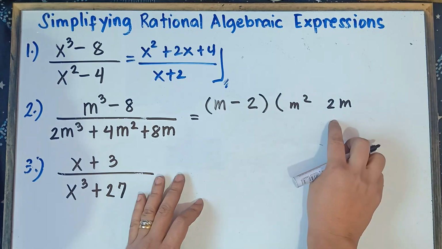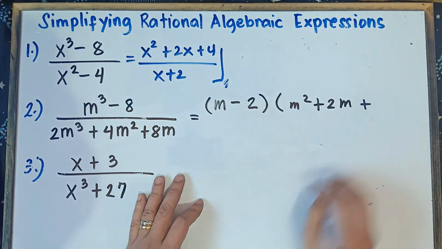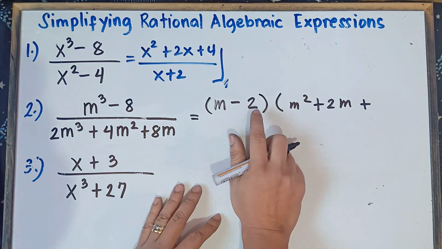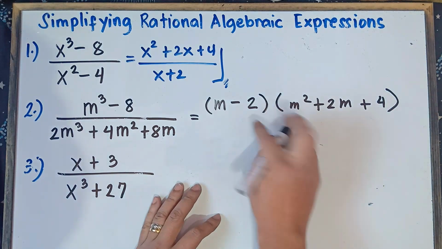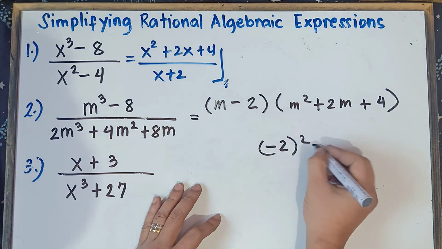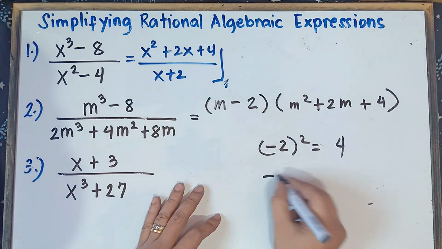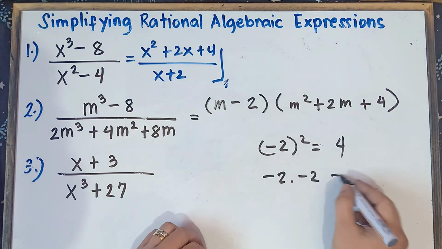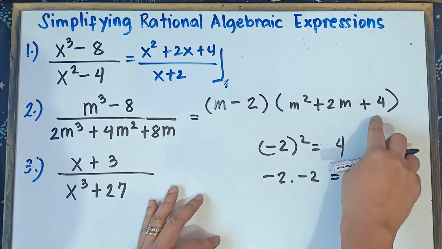Now, all of your answers for the second factor must be positive. Get the square of the second term, negative 2 squared. Negative 2 times negative 2, negative times negative is positive, 2 times 2 is 4. So that's why we have positive 4.